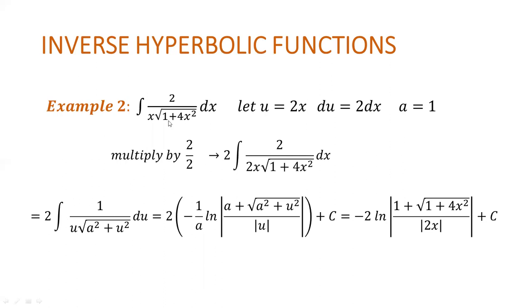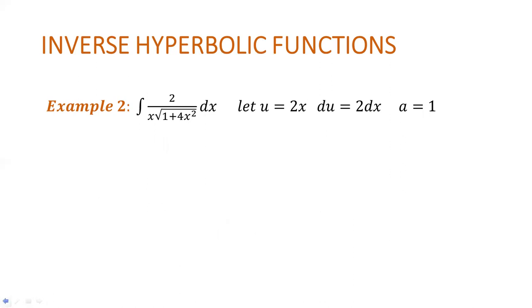By the way, this more complete one is comparable to this. So whenever you have this one, it will yield an ln, your a being equal to 1. Now, aside from this, you could see it's 1 plus a u squared. You can also have another answer.